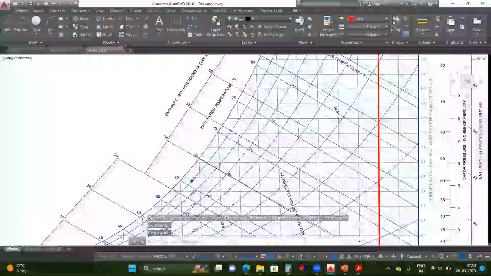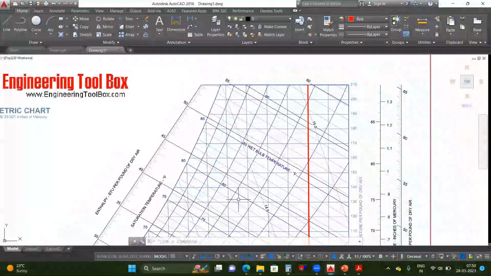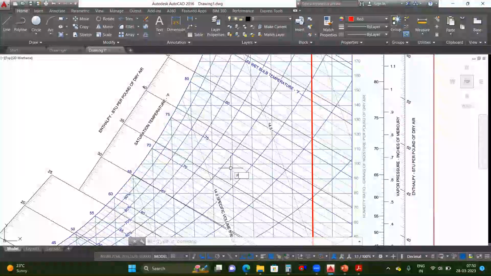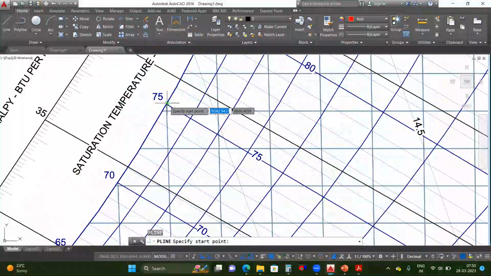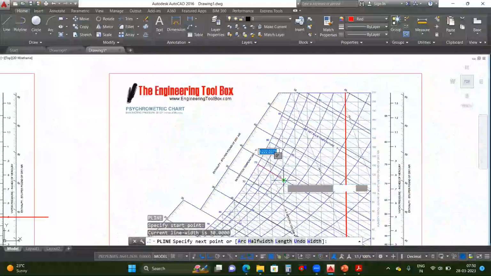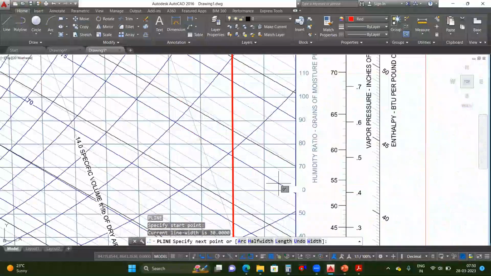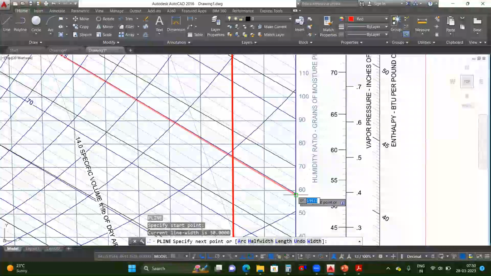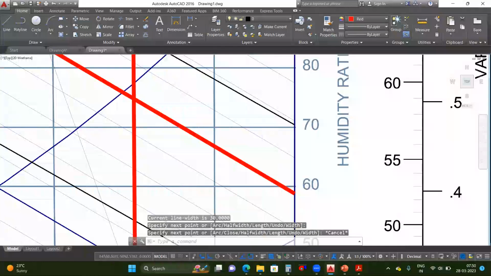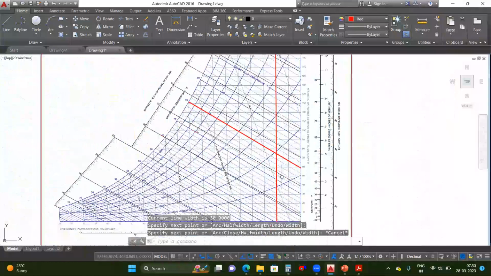These are the wet bulb lines: 85, 80, and this is 75. So I'll draw one line here. Fine. So here we will get the rest of the values.